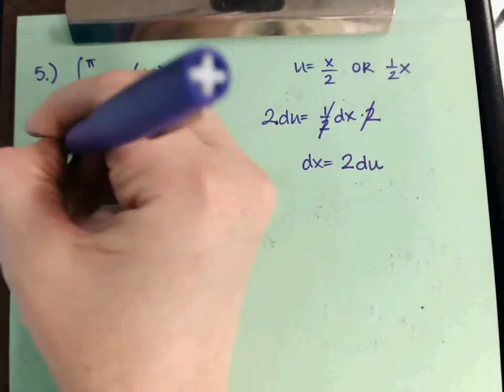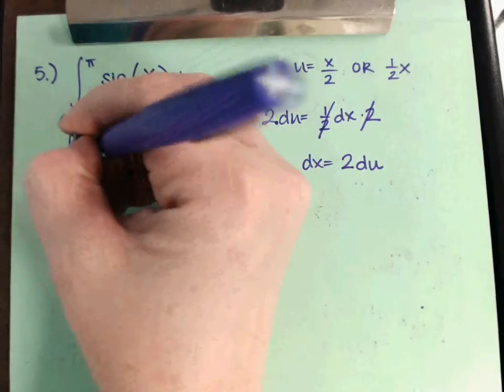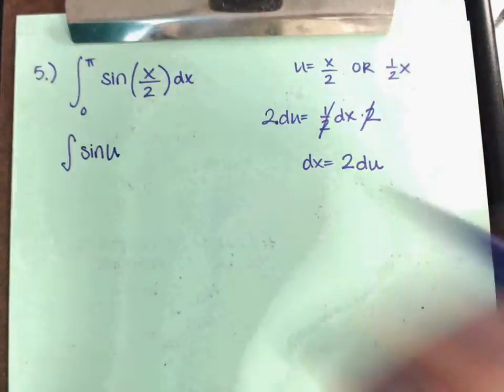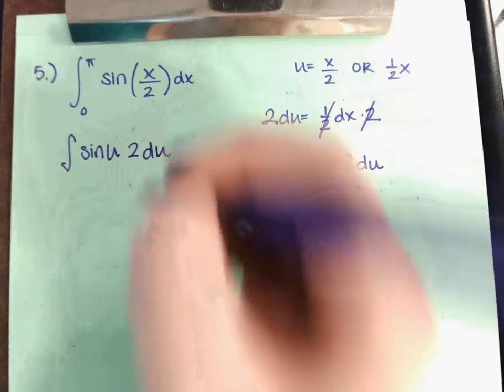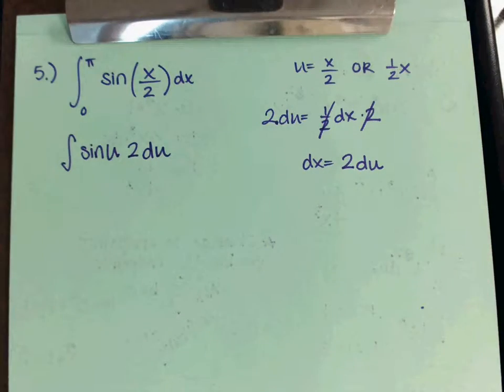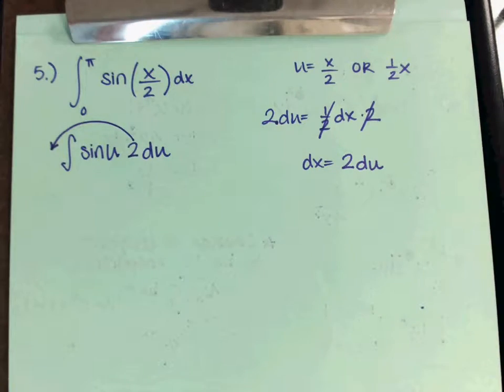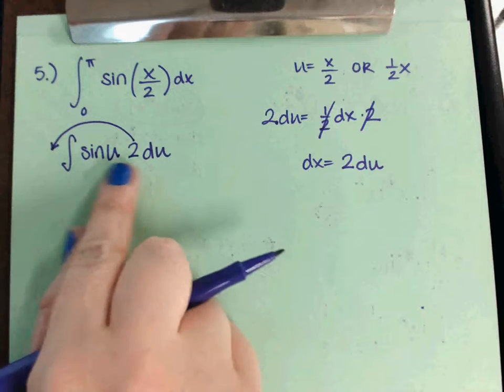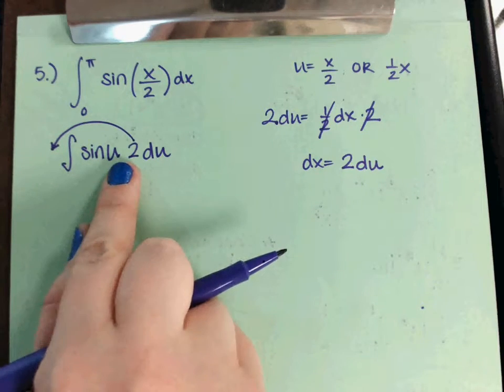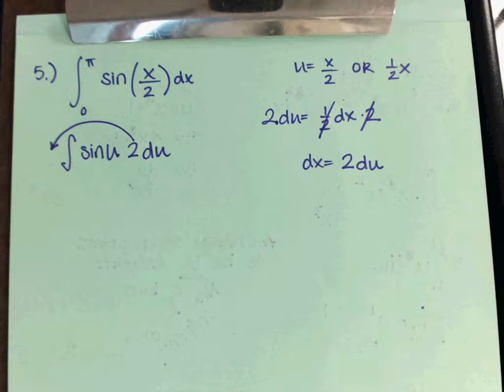Then I come over to my integral. This is the sine of u du times 2. And then I'm going to take that 2, bring it to the front. Now, quick question here. Are there any x's in my problem at this point? No. Then I can change my endpoints. That's when you can switch them, is when you don't have two types of letters.